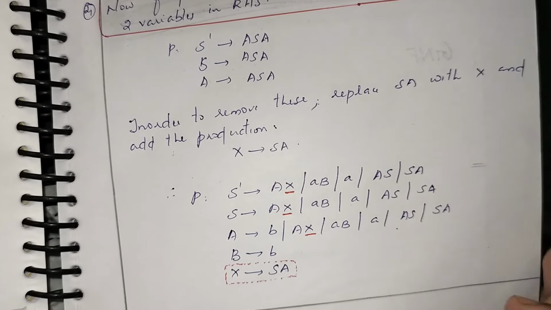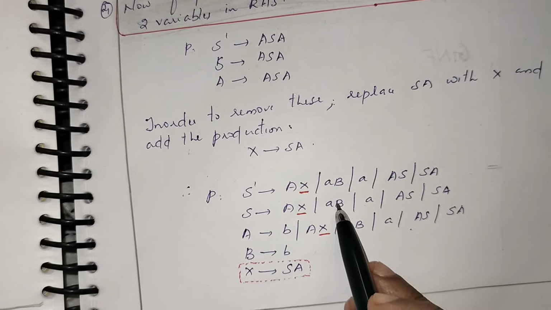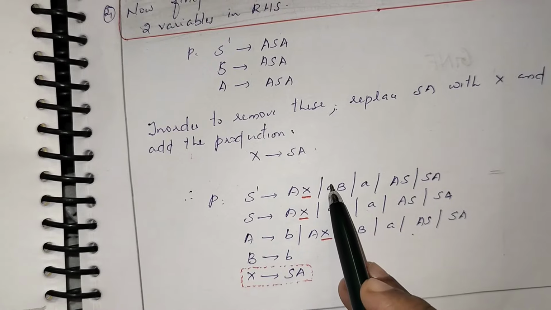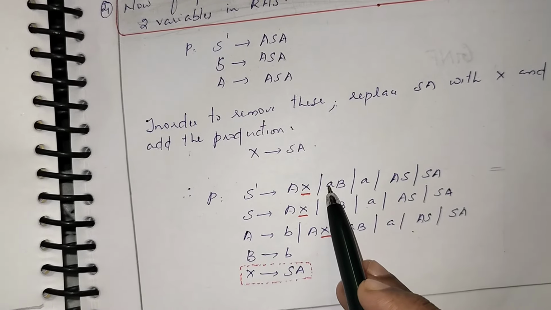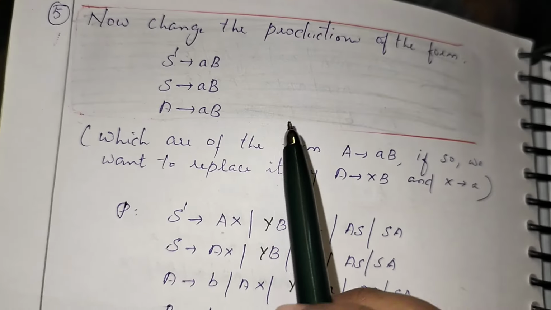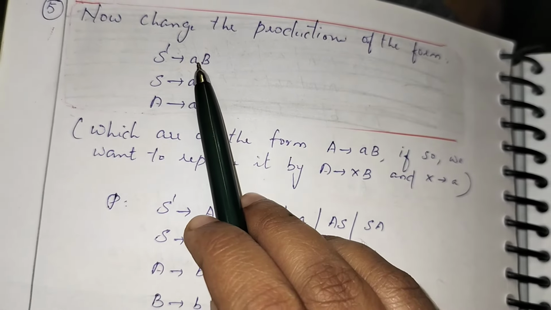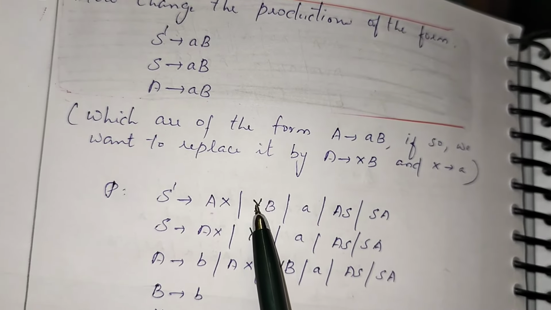Okay. Now again, this is not in the form of CNF. This thing, right? So if it is of the form terminal and non-terminal, you need to replace the terminal with a new non-terminal and give the new production. Okay. So instead of a, I am writing Y. Okay.